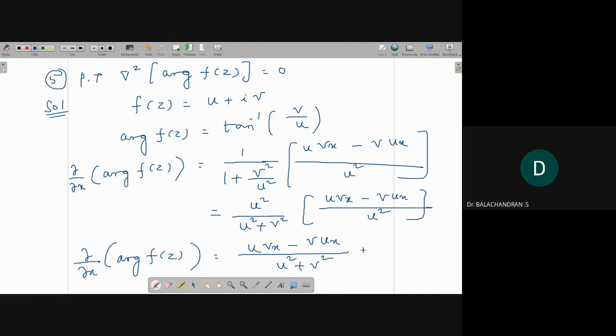Similarly, okay, still I need to find the second derivative. Dou square by dou x square of argument of f of z. So u by v method again.